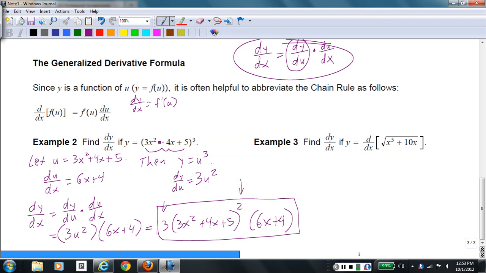And so you would have 3 times whatever's inside the parentheses raised to the second power. Now the thing we have to keep in mind is, and I'm saying it for the second or third time now, I'm going to say it probably 20 or 30 times more, the chain rule says multiply by the derivative of what's inside the parentheses, the inside function. We have to multiply by the du dx. So we multiply by 6x plus 4, and that gives us the answer.